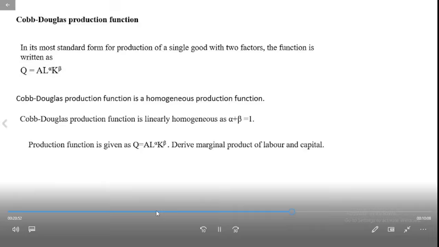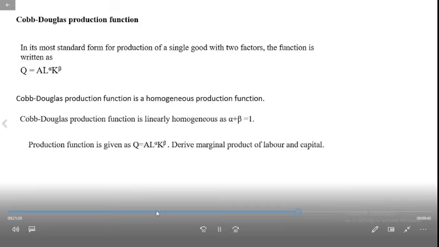And similarly, if the value of beta is 0.55, that means when you increase the amount of capital by 1%, keeping labor constant, then the output will increase by 0.55%. That is the meaning of alpha and beta.